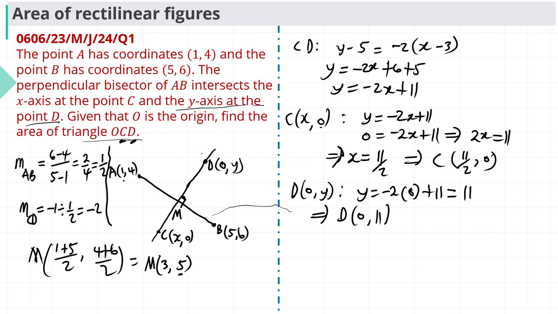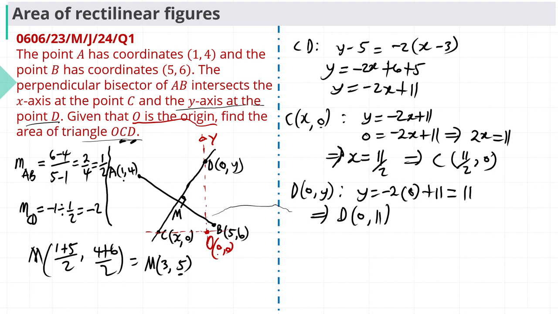Find the area of triangle OCD, given that O is the origin. The diagram we have drawn shows that this vertical line I've indicated with red pen is the y-axis, and the x-axis runs through the point C. So this point of intersection is going to be the origin (0, 0).